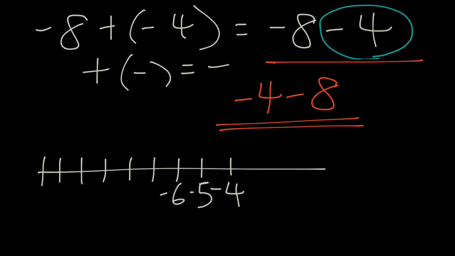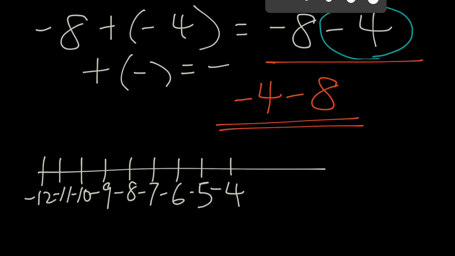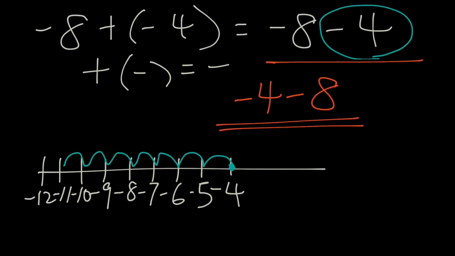So we have negative 5, negative 6, negative 7, negative 8, negative 9, negative 10, negative 11, and negative 12. So our answer will be the same whichever way you want to do it. Going 1 to 8, our final answer will be negative 12 still.